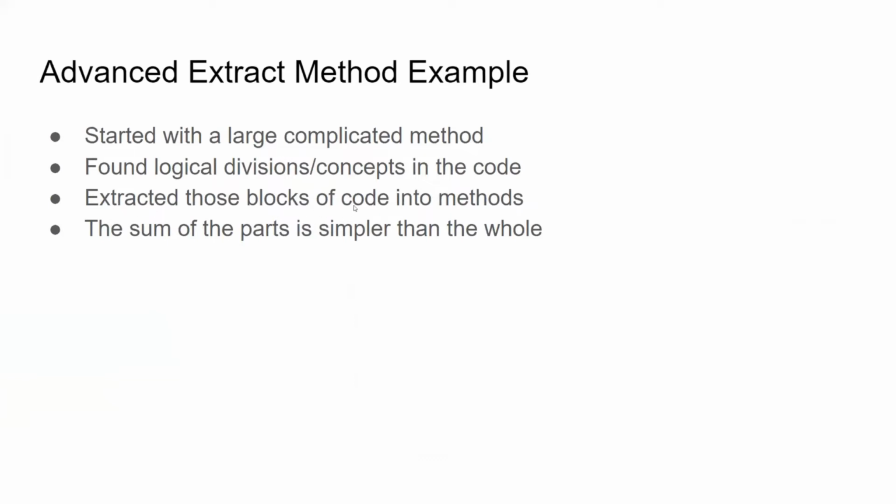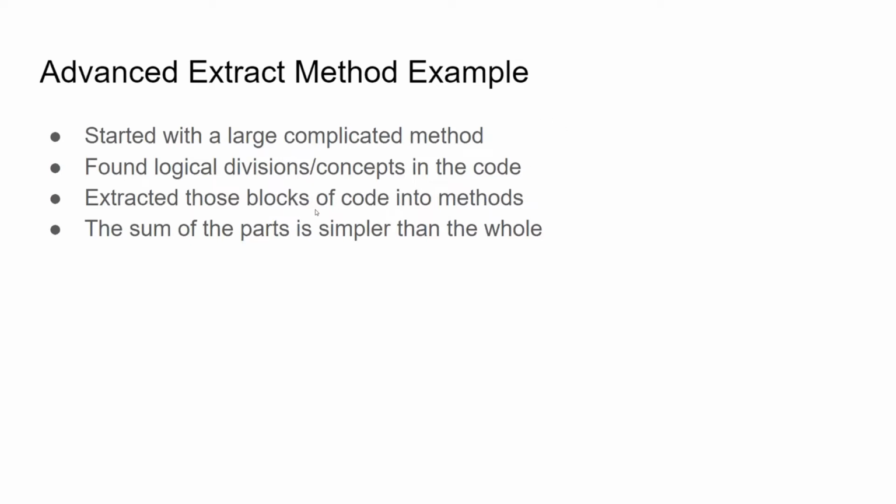And so those new blocks of code became new methods, so we've now got 3 methods where we had 1, and if you add up the complexity of those 3 methods, it's generally less than the big method, because the complexity of a method, or just code in general, increases faster than linearly. So a method that's twice as long is generally more than twice as complicated.